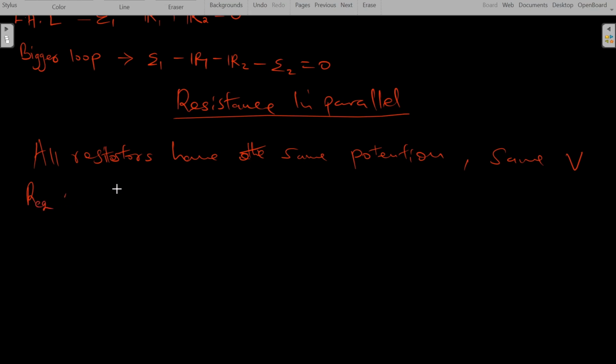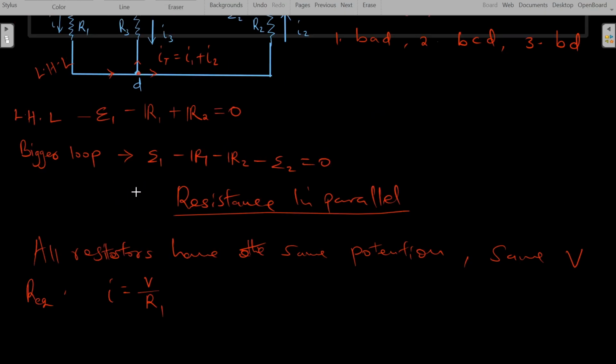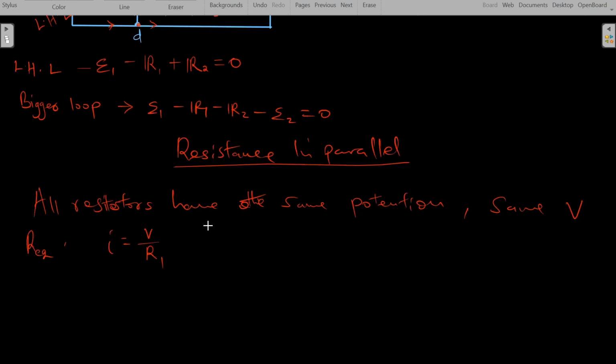From Ohm's law we know that current is the same as voltage upon resistance. This is now for our first resistor. For our second resistor we'll get I equal V upon R2, and again for our third resistor. So this is the first current passing through, I1.